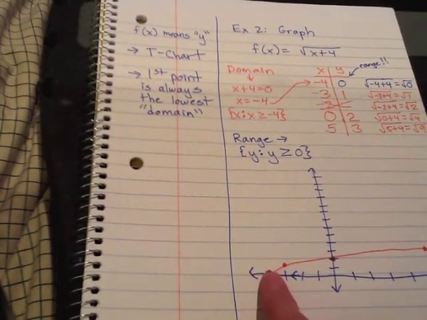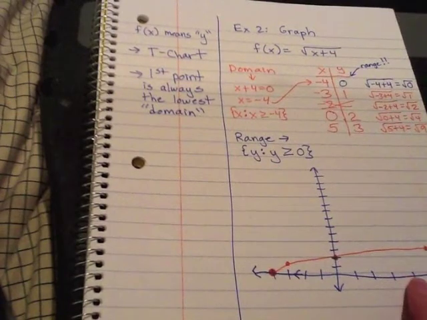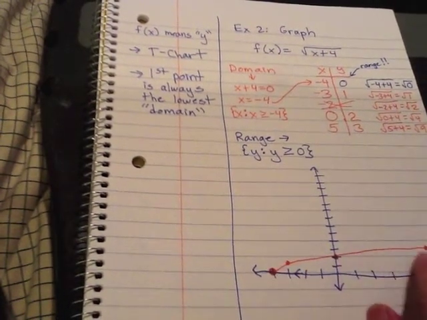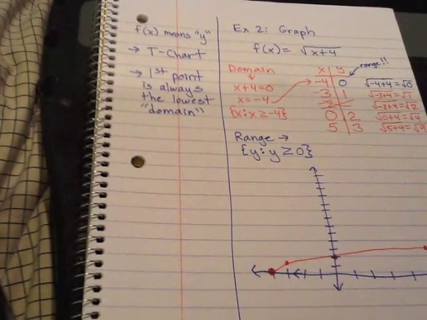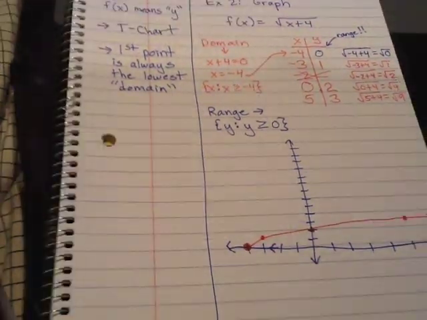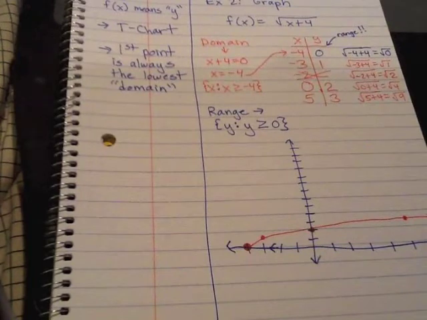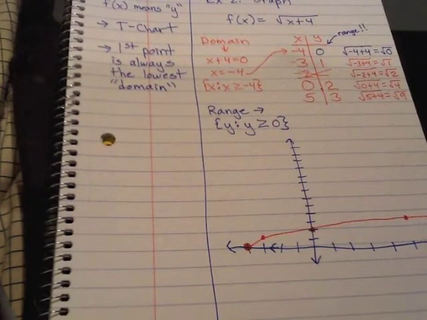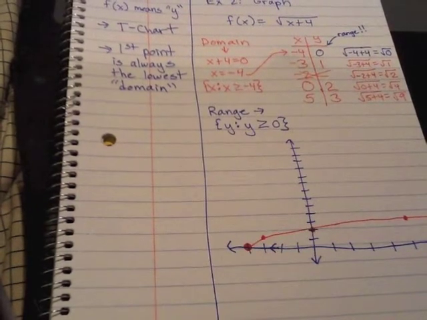So you just want to pick points that are going to be true from that point on. And once you have some, you should get a shape that looks like this. It's almost like half of a sideways parabola. So remember that your first point is always the lowest point and also the furthest point on the x-axis.